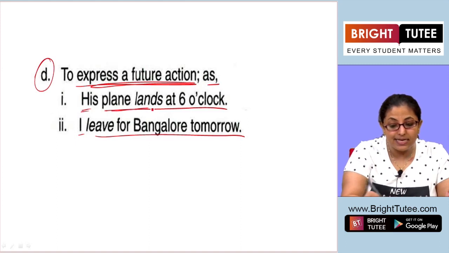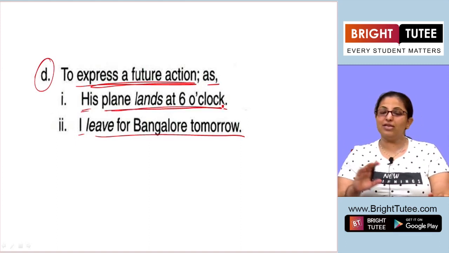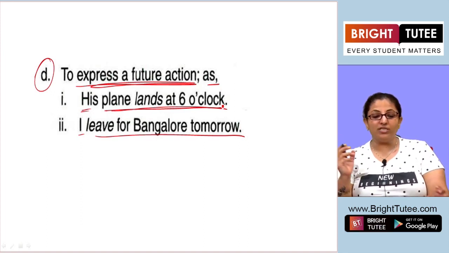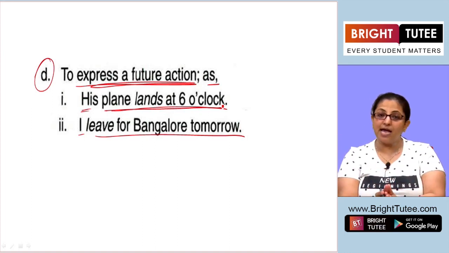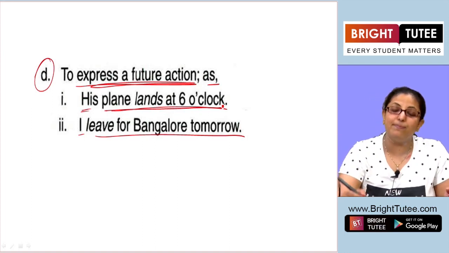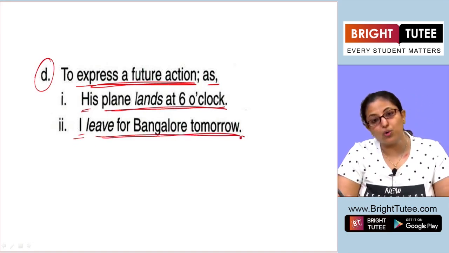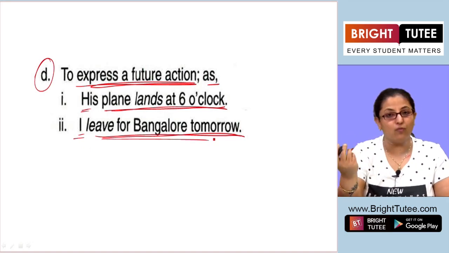His plane lands at 6 o'clock. His plane will be landing at 6 o'clock is not a correct sentence. His plane lands at 6 o'clock, which is a future action but is being expressed in the present time. So it is a simple present tense. I leave for Bangalore tomorrow. Again, it is in the simple present tense form.